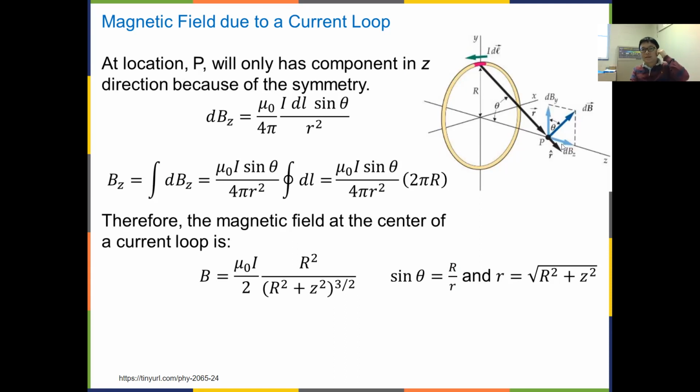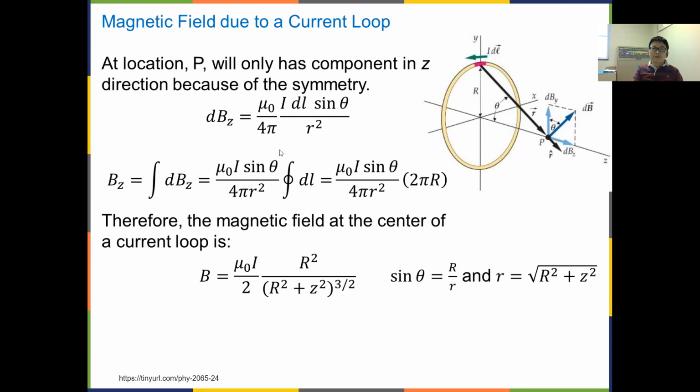For the Z component, if this angle is theta, then this angle is also theta, so it will be sine of theta for the Z component, and the same for the other one. So we have mu naught I dl sine of theta over r squared, and then you integrate through the whole circle for the total.